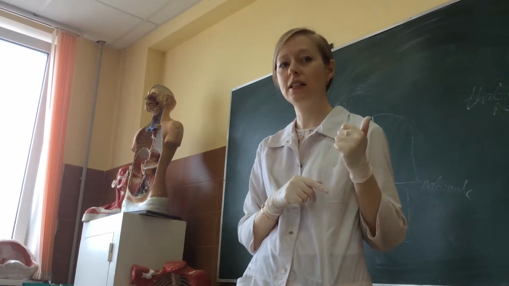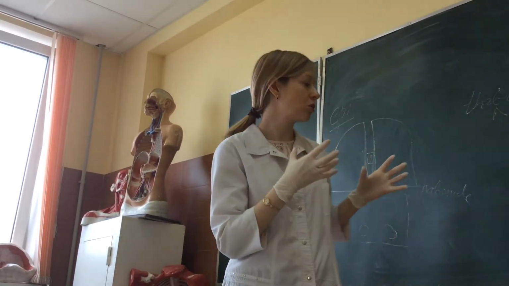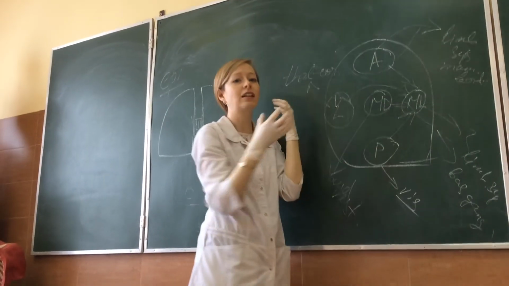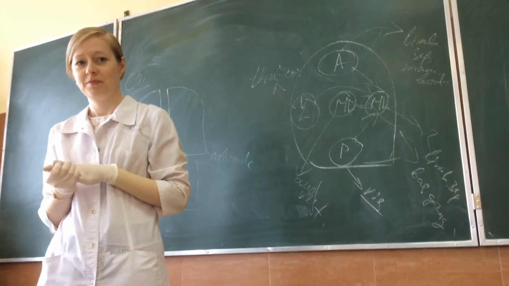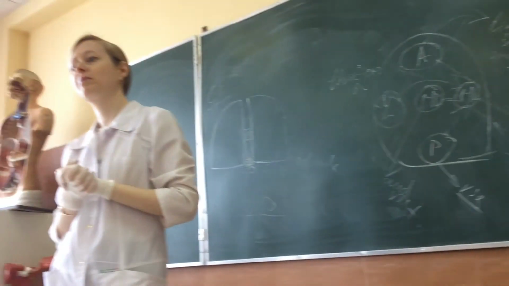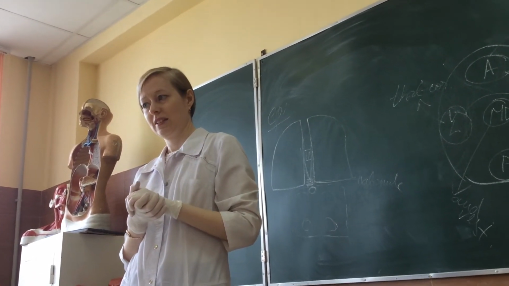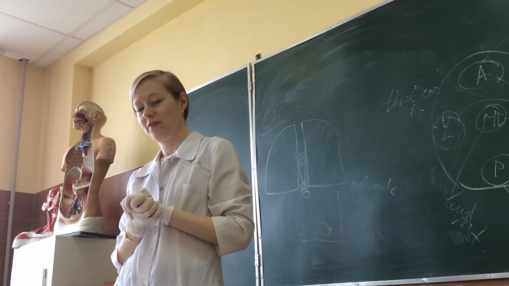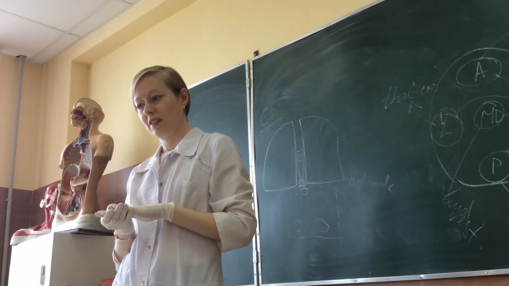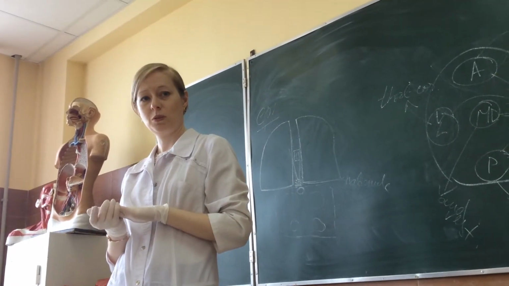The ventral part is the hypothalamus. Thalamus, only this part, only this. This is the thalamus. Questions.